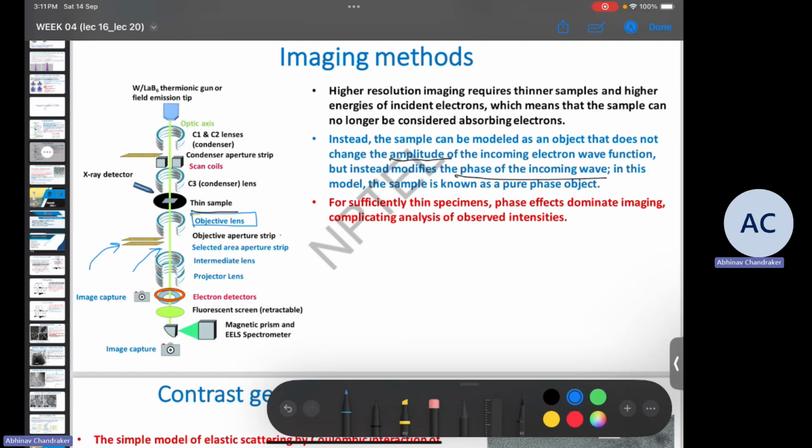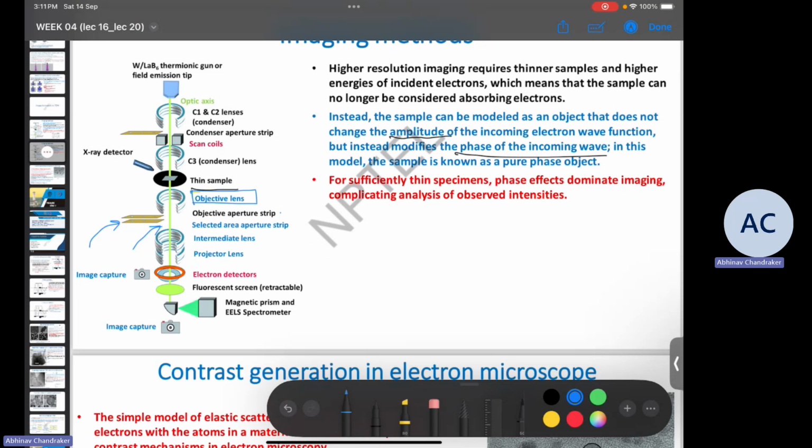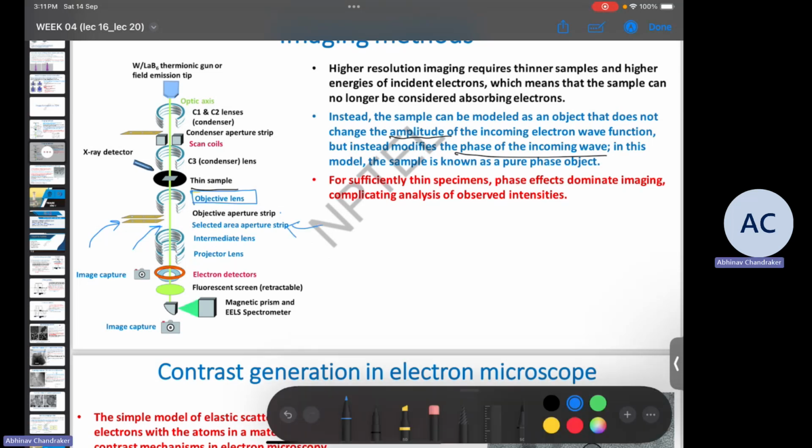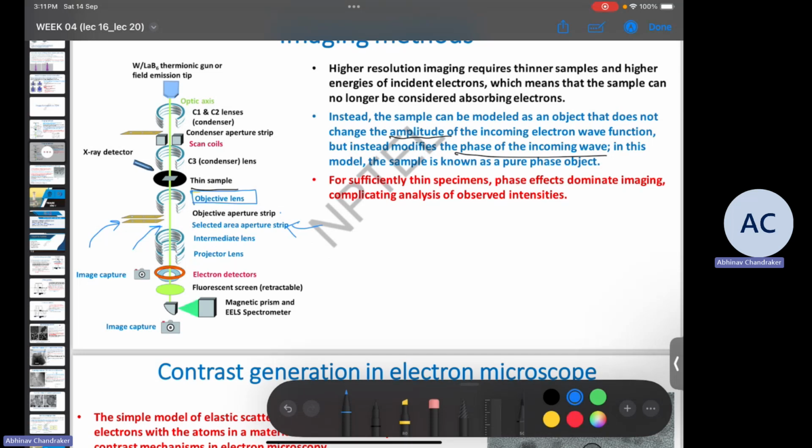So when we want to choose any particular diffracted beam, we first put a selected area aperture strip to select the region in which we are interested. So this is put in the image plane, and once we have selected the region of the specimen which we are interested in, we can then switch to the diffraction mode, where we'll be looking at the back focal plane.